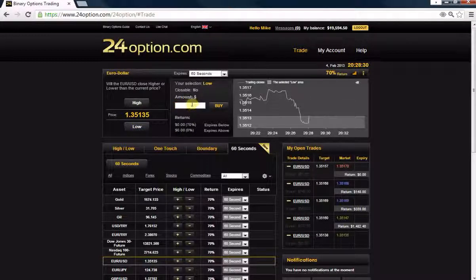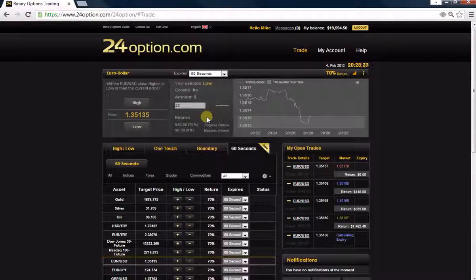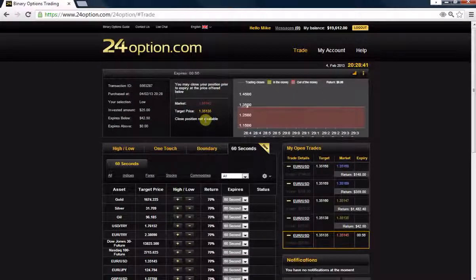We're going to go with a put. The reason why I'm going to continue going with puts is because I actually want to catch it at the 4th or the 5th trade.